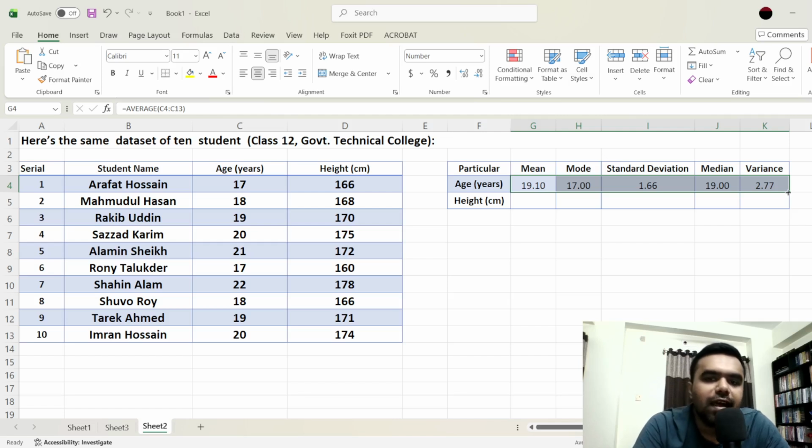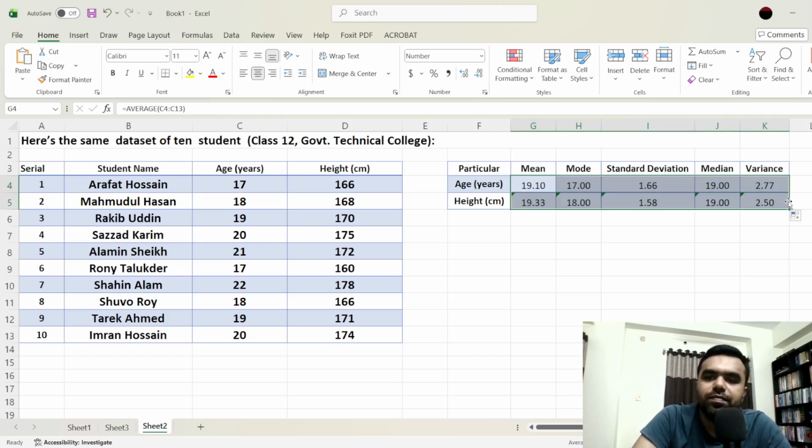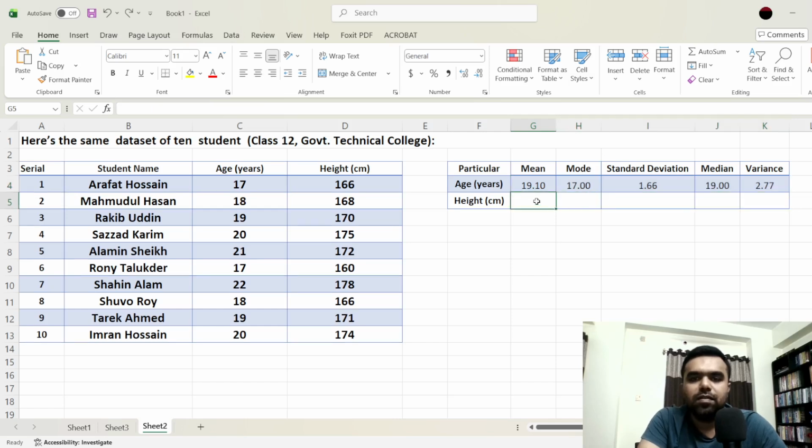If we want to get the median, mode, and standard deviation for heights, we just have to extend it here. Now we get the value like this one. Equals, we have to get the average.